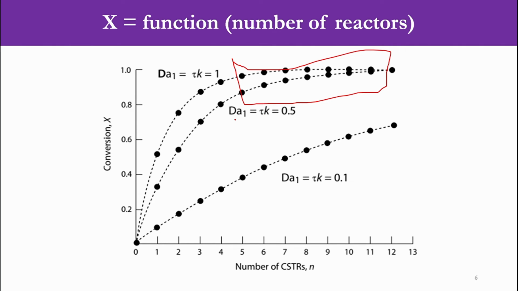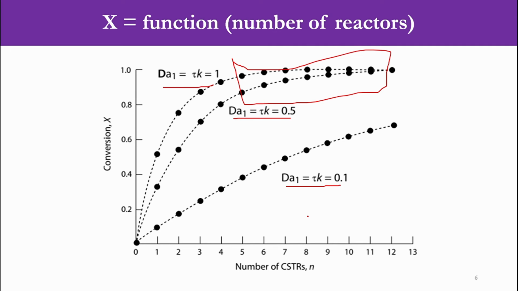So for higher values of Damkohler number, you need fewer reactors in series, while for the lowest values of Damkohler number, we need more reactors in series to get the conversion. So that graph is very, very important when you are dealing with the number of CSTRs in series having the same size, operating at the same temperatures. You have derived the relationship.